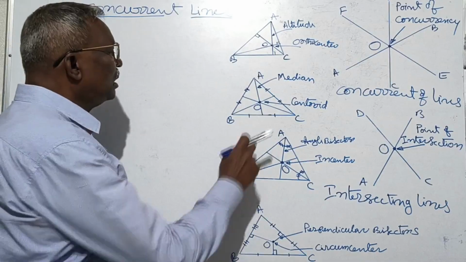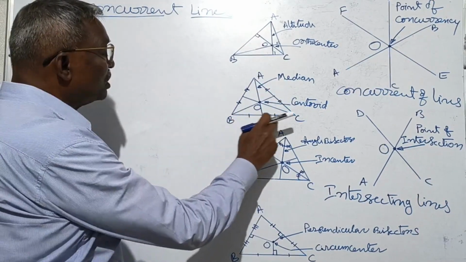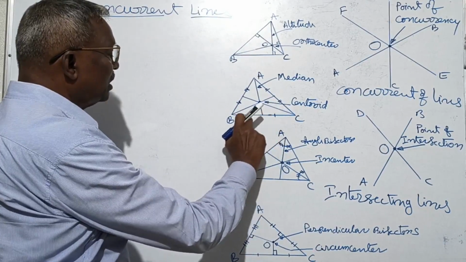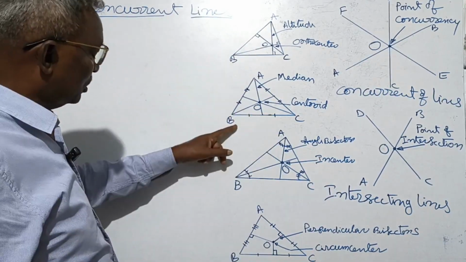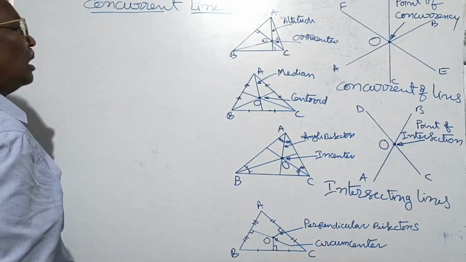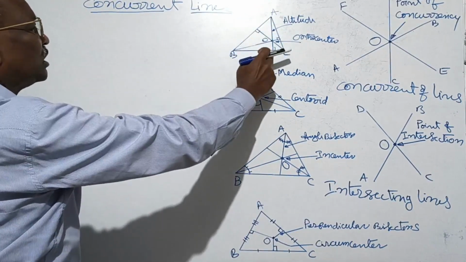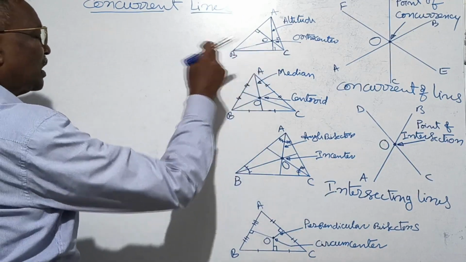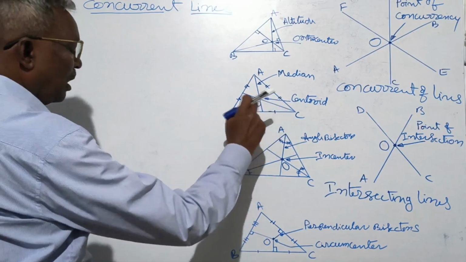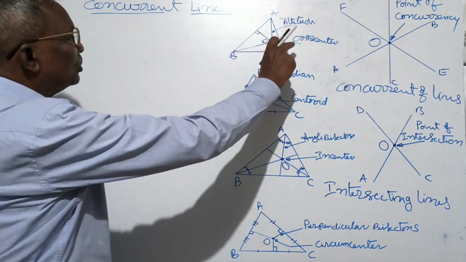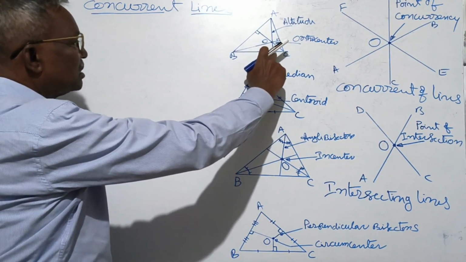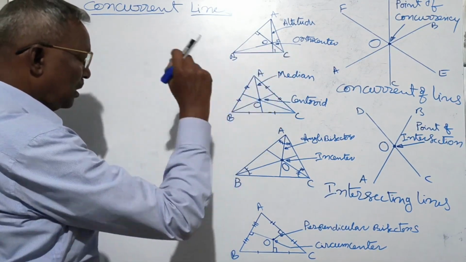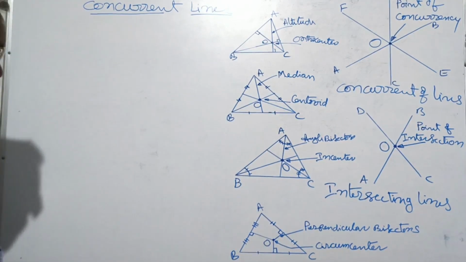This is a median, meaning it bisects the opposite side, exactly at the midpoint. One goes from the vertex at 90 degrees to the opposite side, the other from the vertex to the midpoint of the opposite side. Both came in this triangle.